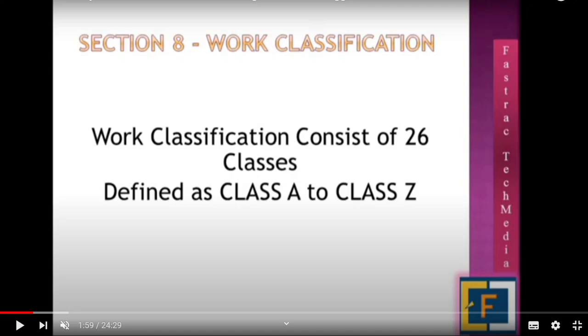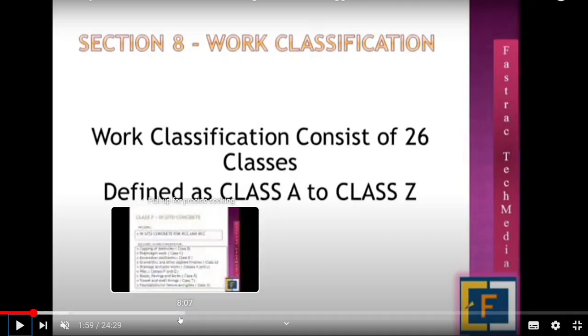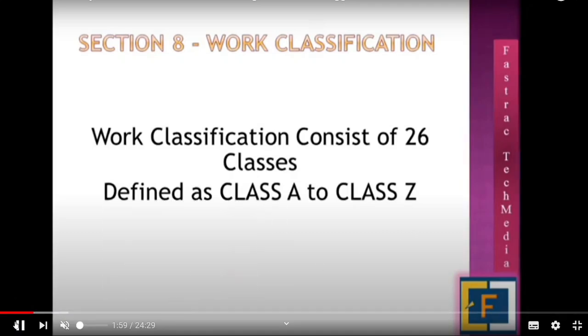There is class A to class Z, that means 26 sections are there. So, let us see what is included in class A.